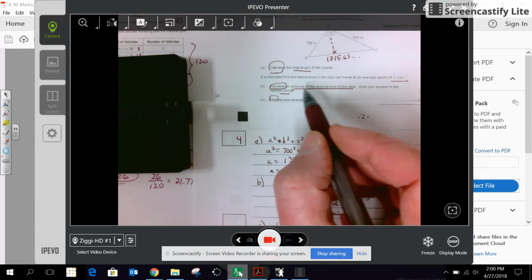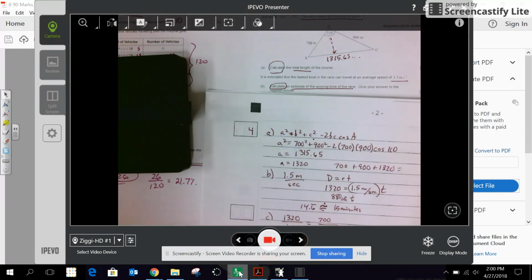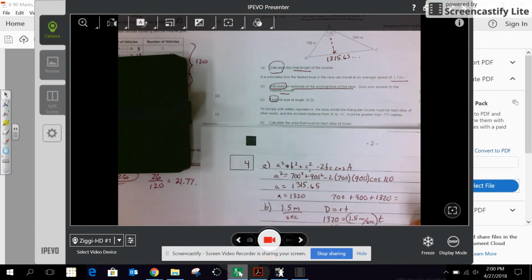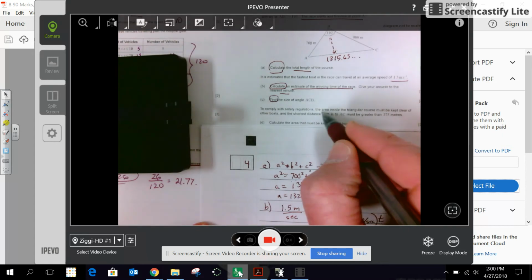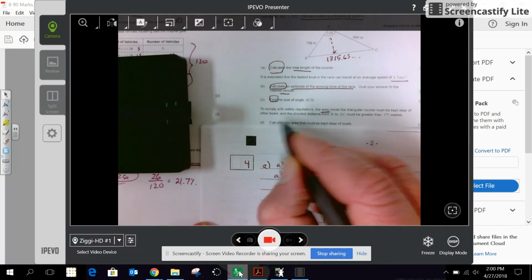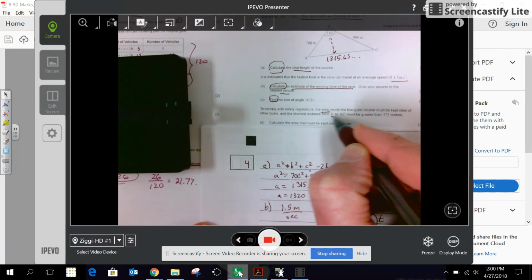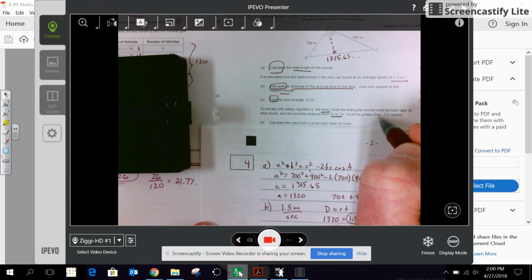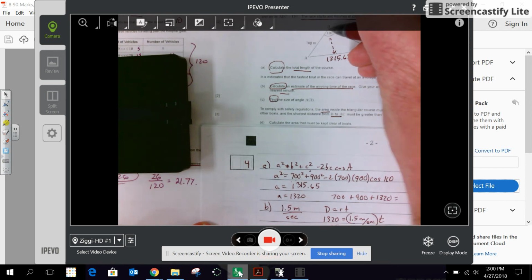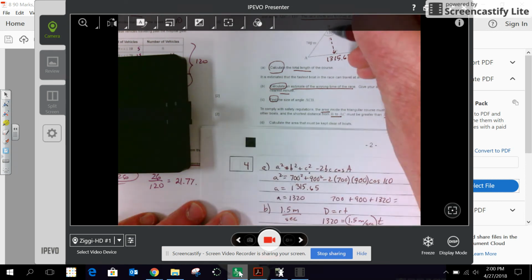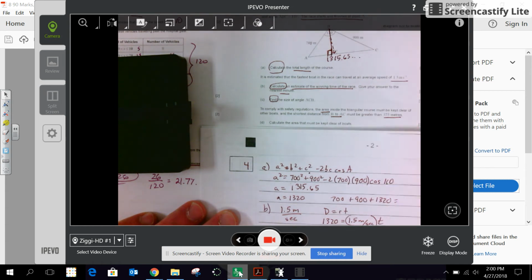Okay. It's estimated the fastest boat, to comply with safety regulations, the area inside must be kept clear of other boats, and the shortest distance from B to AC must be greater than 375. Okay, so I'm going to go to my picture, and B to AC, the shortest distance is at a right angle.